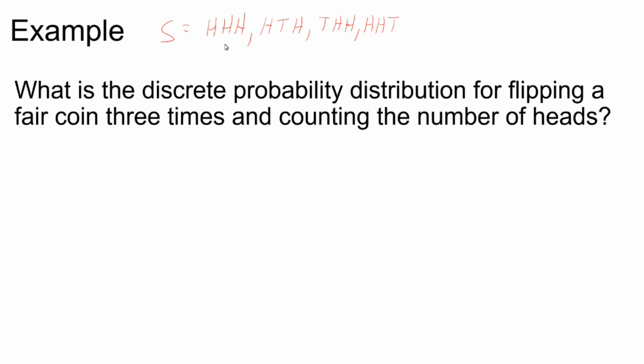So this would be 3 heads, which could occur in that way. We could get 1 head, so tail, head, tail, head, tail, tail, tail, tail, head. Or we could get all tails.